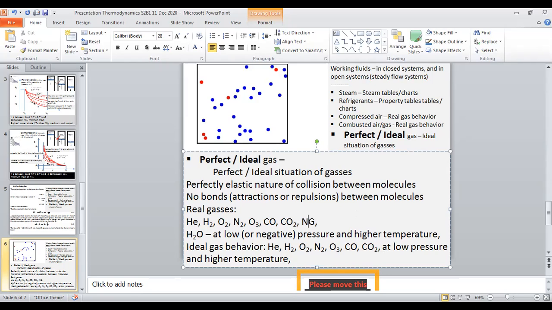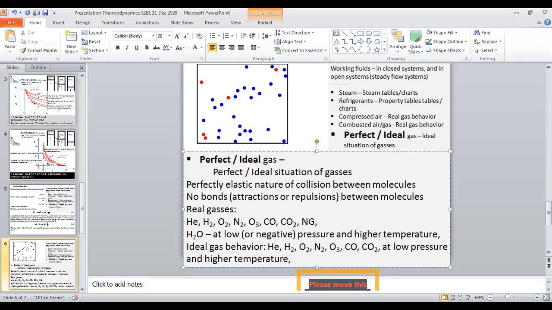Even in your gas cylinder at home, if you are using cooking gas, you can see it in liquid form. Why? High pressure. Gas turns into liquid at high pressure and at low temperature for that pressure.